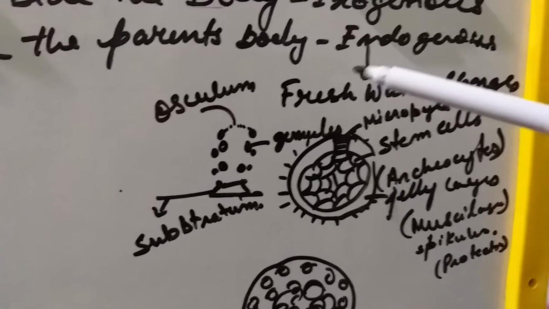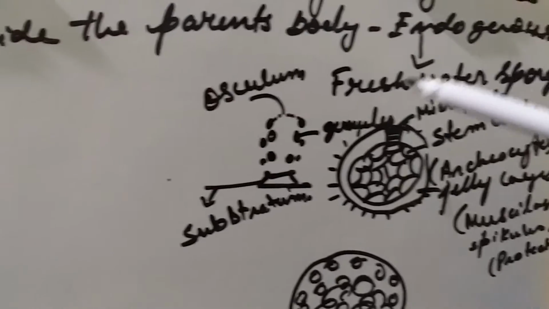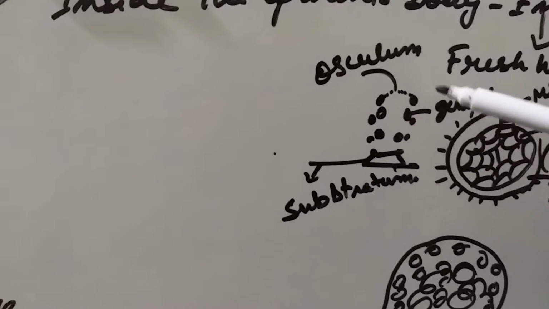Now if you see sponges, they are very soft, jelly-like structures. Whatever gaps are there, those are the pores, known as the ostia. And here is the mouth part, known as the osculum, and this body has got a fine framework of spicules that forms the internal skeleton.